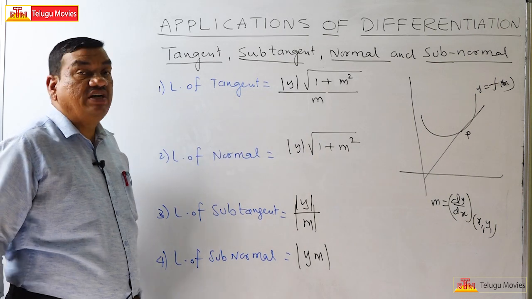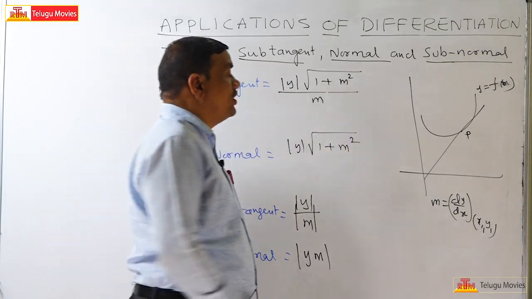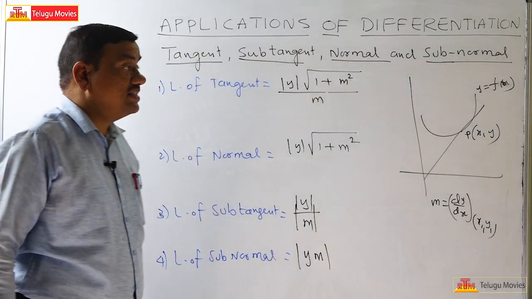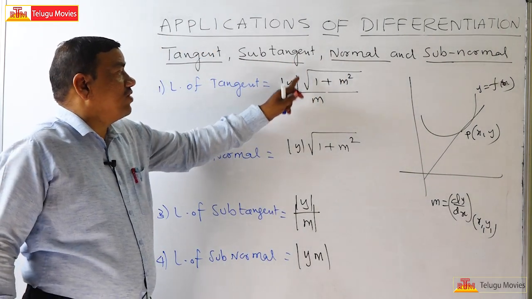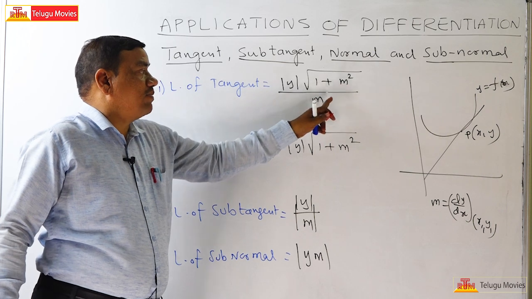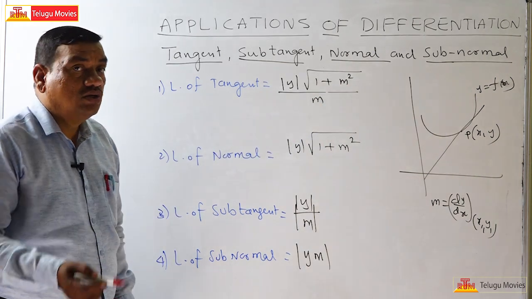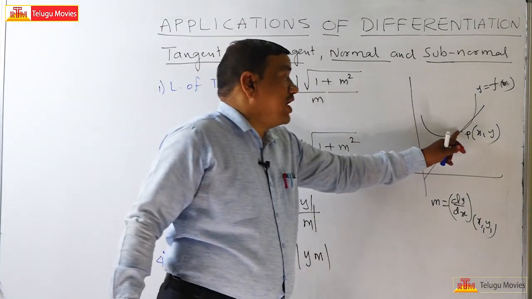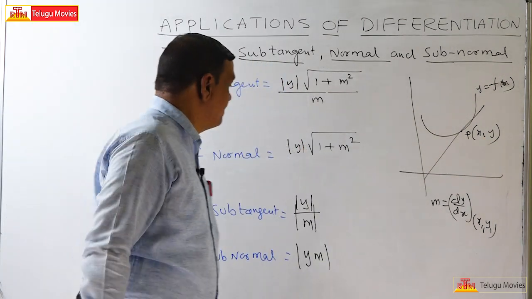The length of the tangent is given by modulus of y into root of 1 plus m square by m, where m is the slope of the tangent and y is the y coordinate of the point of contact.